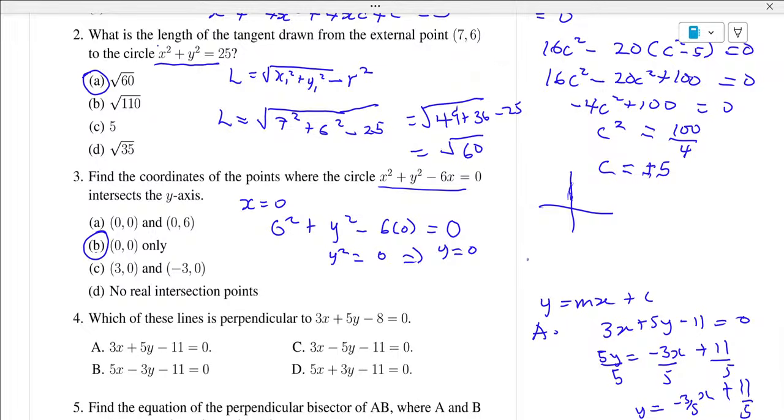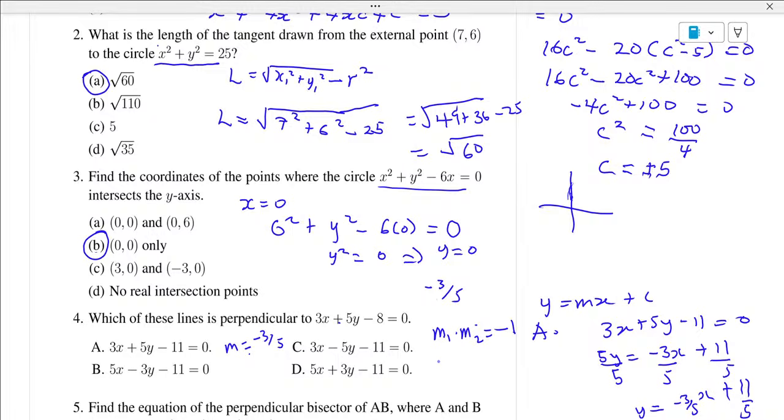So here our gradient is what? For this one, m is equal to negative 3 on 5. Now the gradient of this one too is what? Negative 3 on 5. So if the gradient of this one is negative 3 on 5 and the gradient of this one is negative 2 on 5, and we know that if two lines are perpendicular, it means if you multiply their gradients m1 times m2, you are supposed to get negative 1.